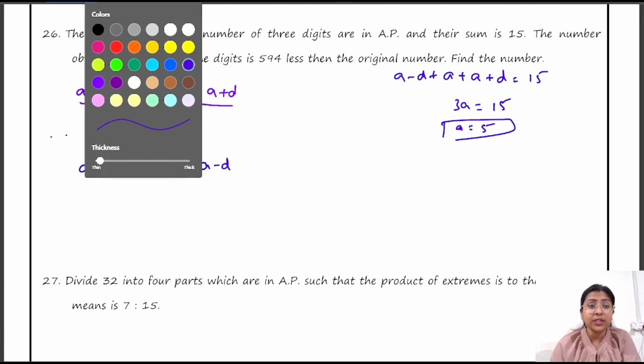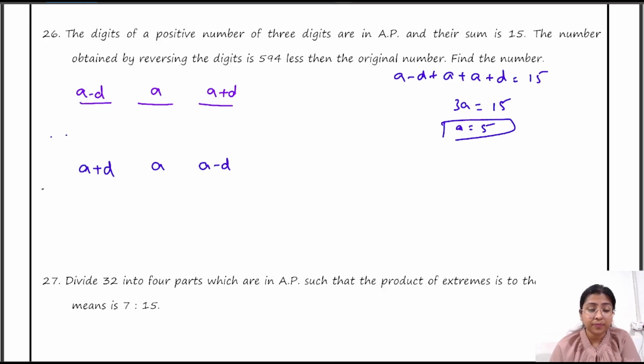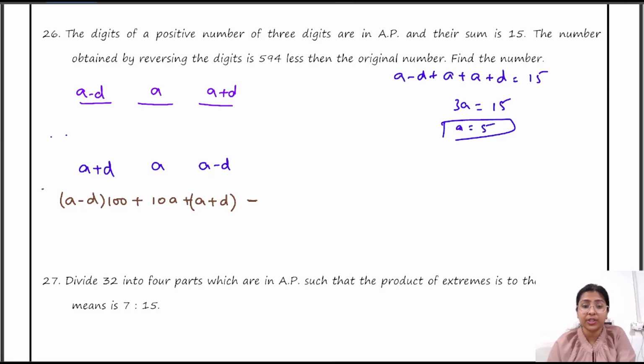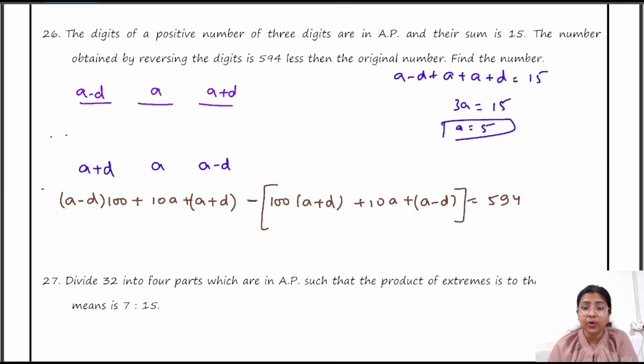It means if you subtract these numbers: (a minus d) into 100 plus 10a plus (a plus d) minus the number obtained by reversing the digits, so it will be 100 into (a plus d) plus 10a plus (a minus d), is equal to 594 according to the given statement.